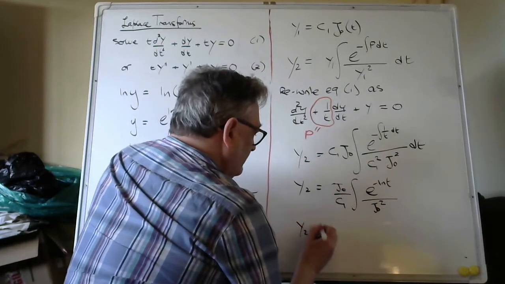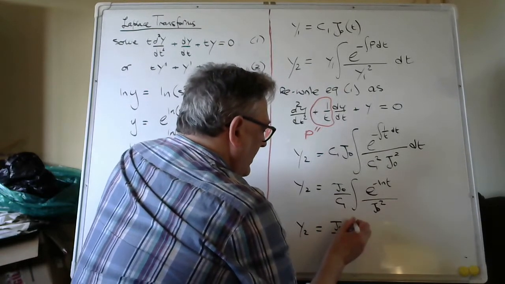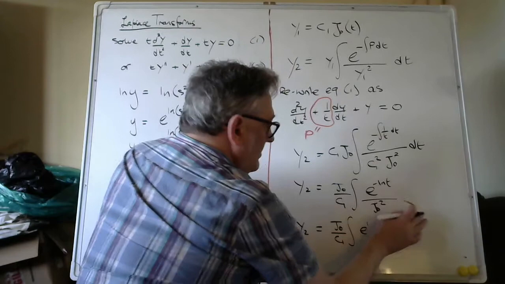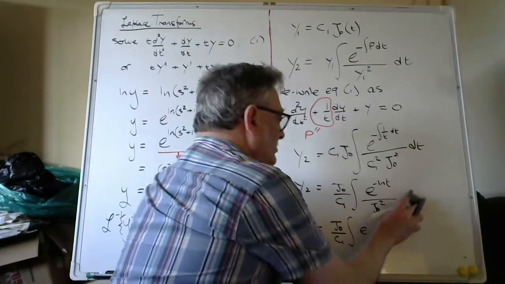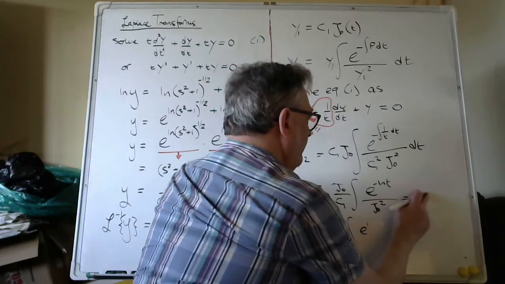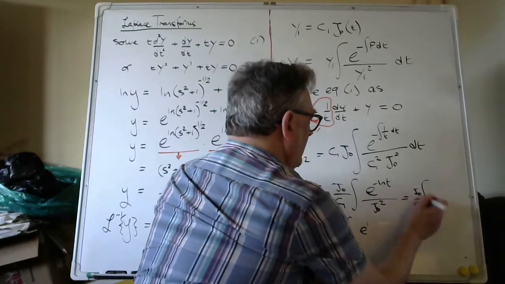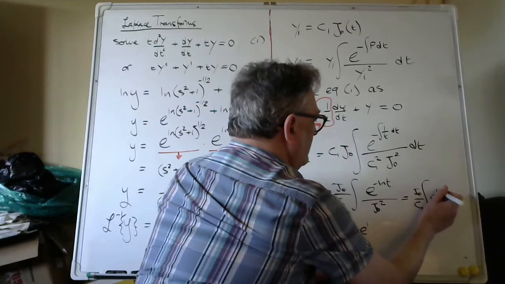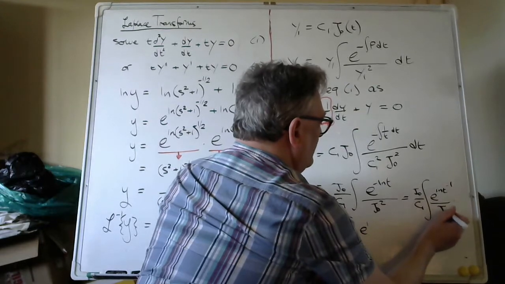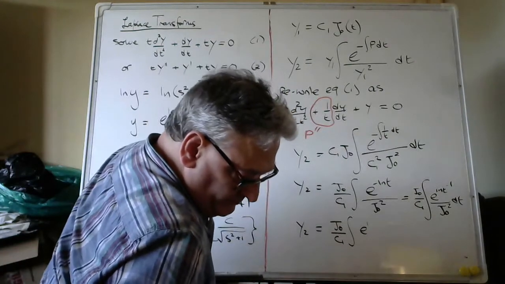So y sub 2 is equal to j naught over c1 times the integral of e to the... let's just write it over here where there's a little bit more space. So that's equal to j naught over c1 times the integral of e to the log t to the minus 1 over j naught squared dt.